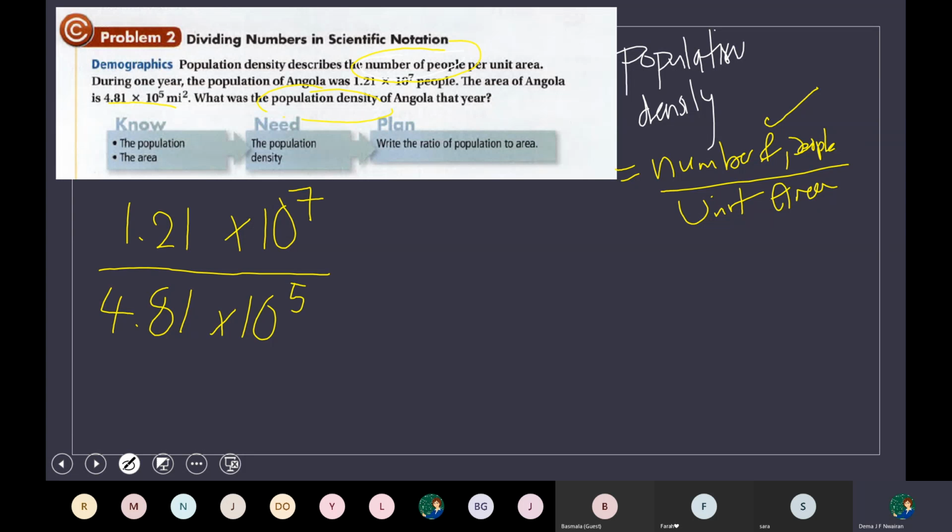Now, what do you have to do? You have to divide 1.21 over 4.81, and then you also have to divide the powers of 10.